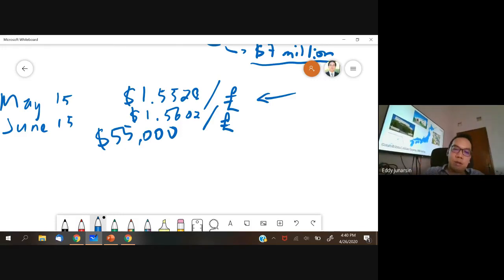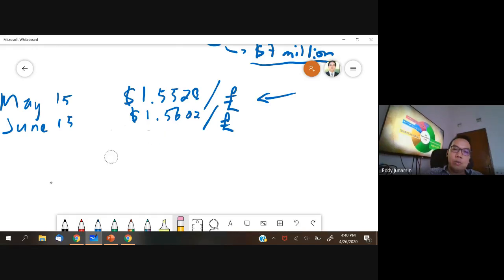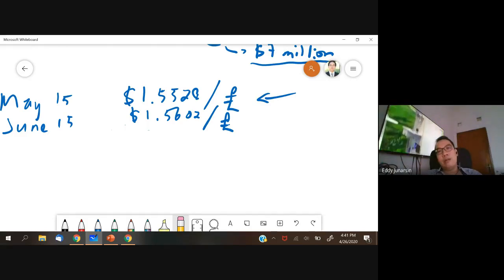On May 15, to get £1, you need to hand in 155.28, whereas on June 15, you have to hand in 156.02. So pound has become more expensive, more pricey. That's why we say that pound has appreciated. Pound has increased in value. In other words, dollar has depreciated.